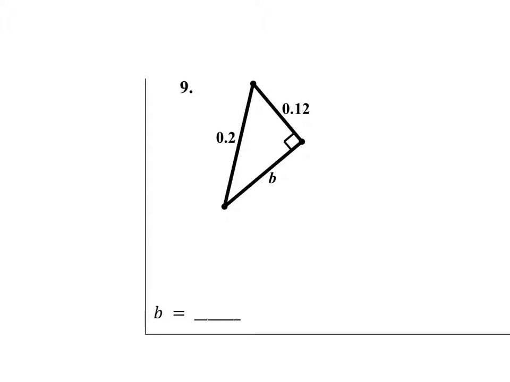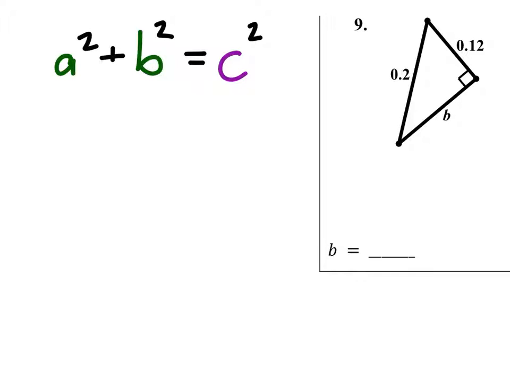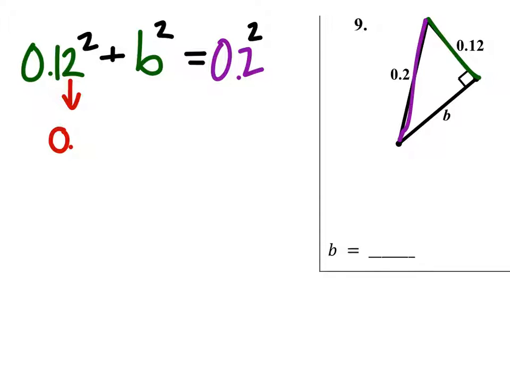Here we go. On number 9, we'll go ahead and use the same equation on this one. Now the a on this one is this leg because it makes up that 90-degree angle. That's 0.12. And the hypotenuse in this case is this 0.2. So let's go ahead and square these. So this one would be 0.0144. And squaring this one would be 0.04.